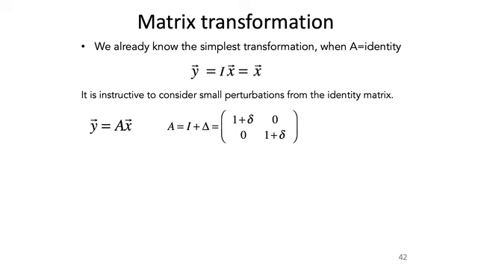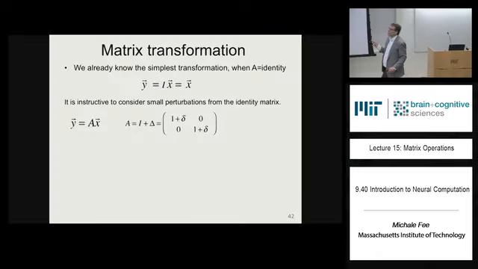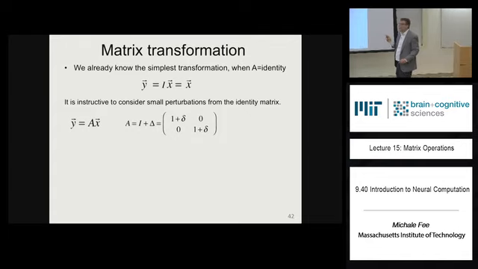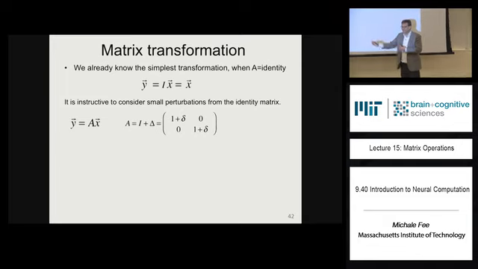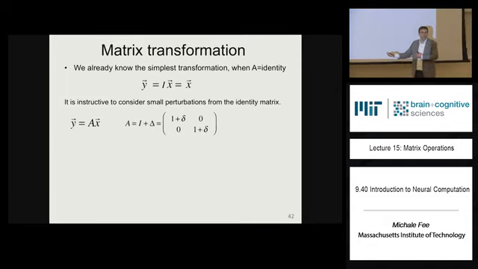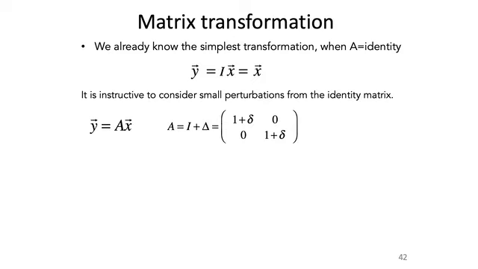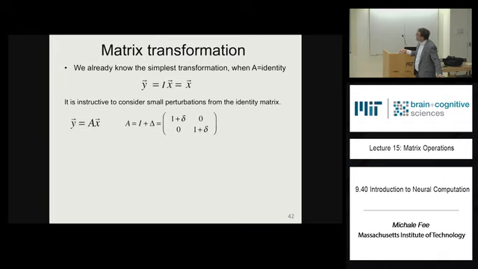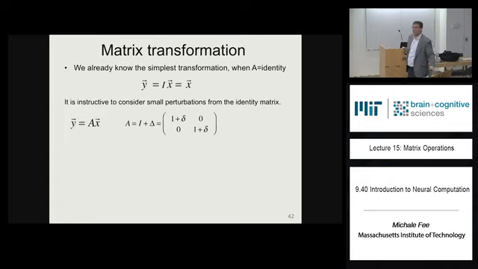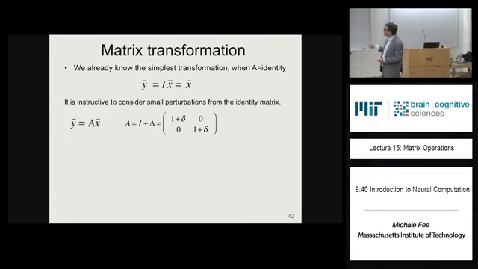So what we're going to do is riff on this theme, and we're going to take slight perturbations of the identity matrix and see what that new matrix does to a set of input vectors. Okay, so let me show you how we're going to do that. We're going to take the identity matrix 1, 0, 0, 1, and we're going to add a little perturbation to the diagonal elements. Okay? And we're going to see what that does to a set of input vectors.